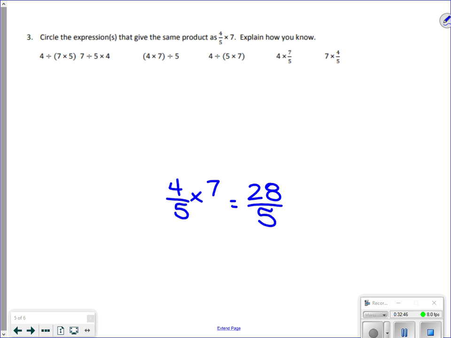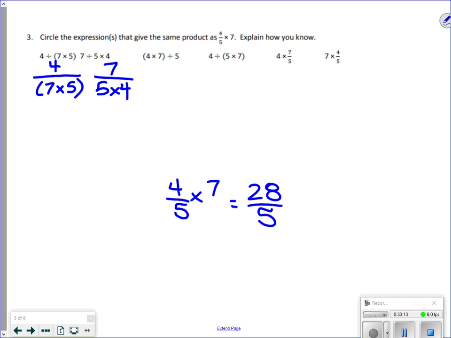So here, 4 divided by 7 times 5. When you've got that division symbol first, that means that goes on top. I'm writing it like a fraction. 7 divided by 5 times 4.